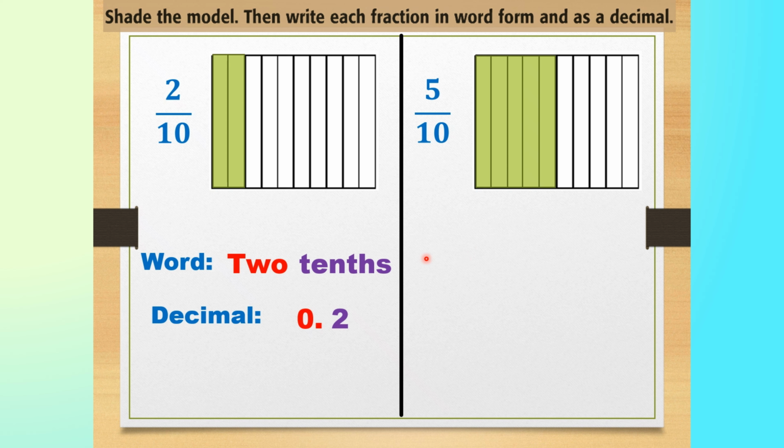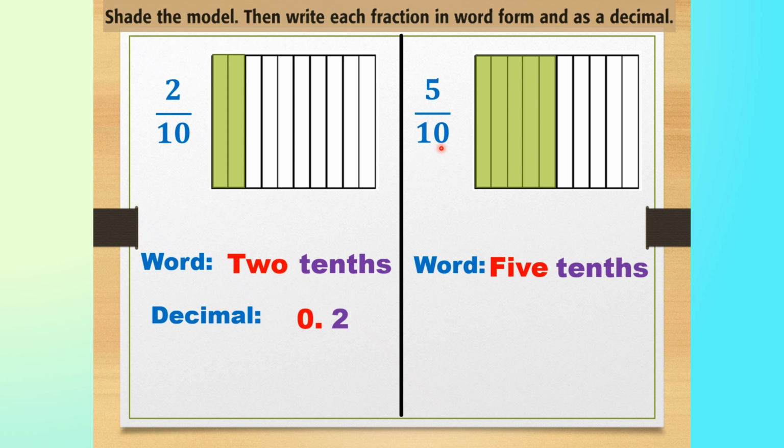Now to write it in word form, we use what we have in our numerator. We have the number 5, so we write it in word as five. The name of the grid helps us to know what to put next. So here the grid is the tenth grid, so it is 5 tenths.